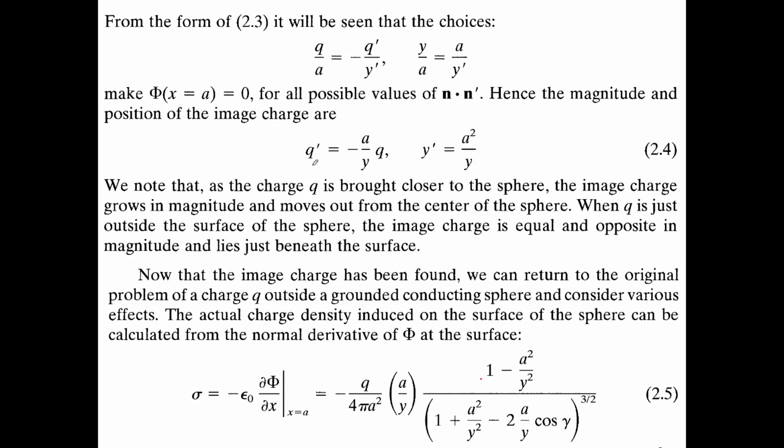Then you can solve for Q prime equals negative A over Y times Q, and Y prime equals this equation. That's one solution. It means if you have another charge Q prime equal to negative A over Y Q, and put it at the distance of A squared over Y, then the potential on the surface of the sphere will be 0.